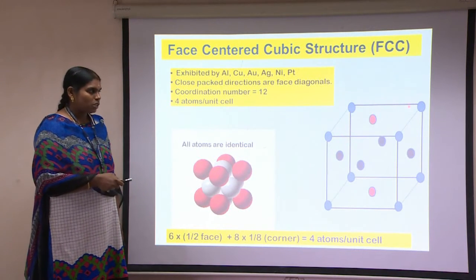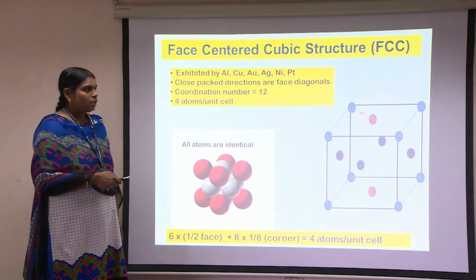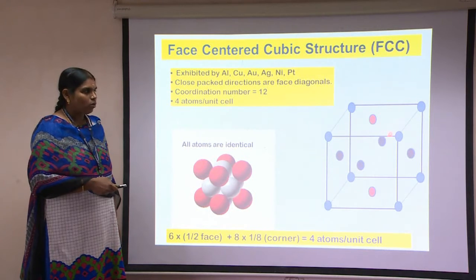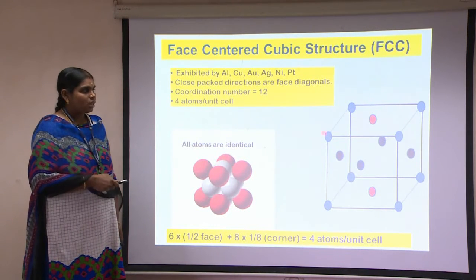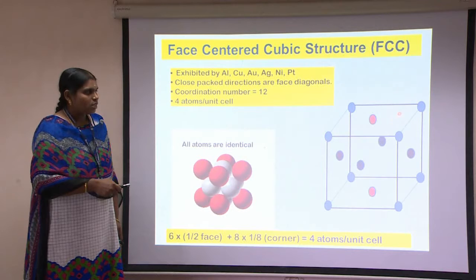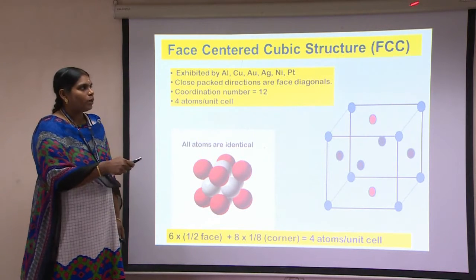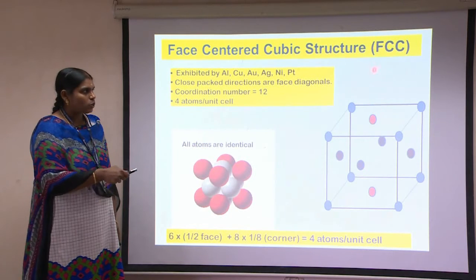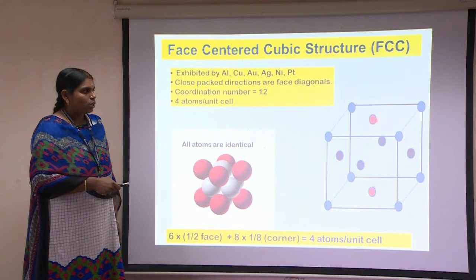And we should not forget the face centered atom. Each face centered atom is shared by 2 unit cells, one below and the other above. When you consider this a unit cell, just consider there is another cube over this space. So it is shared by this unit cell as well as the unit cell above, which means its contribution is 1/2.